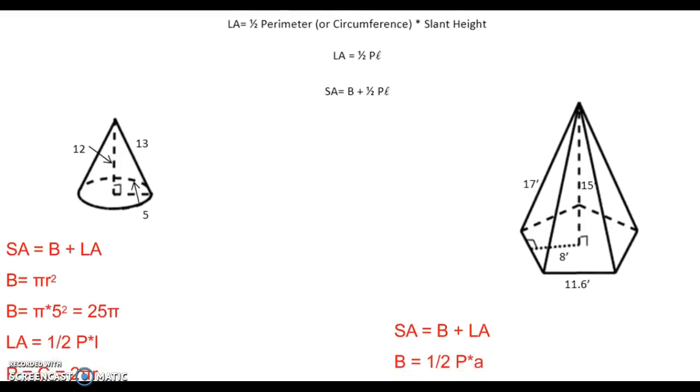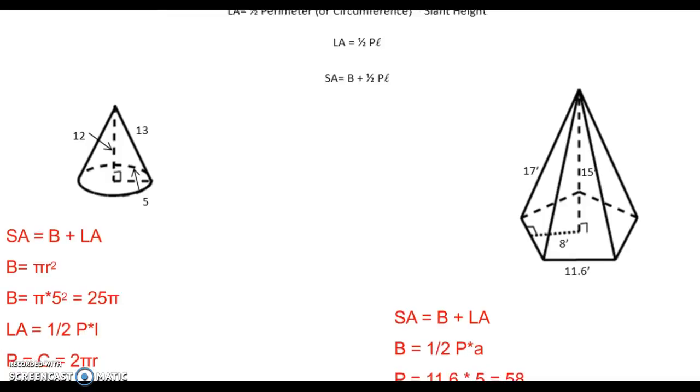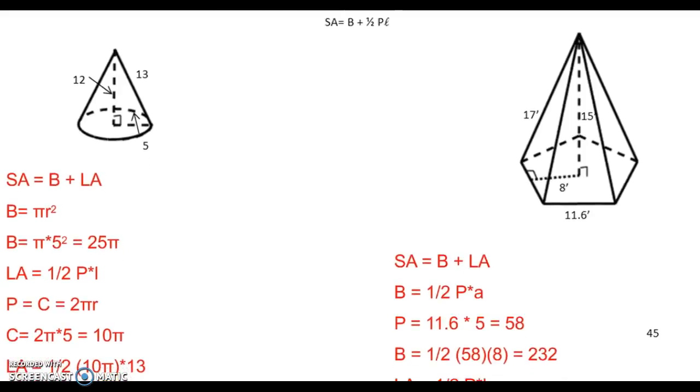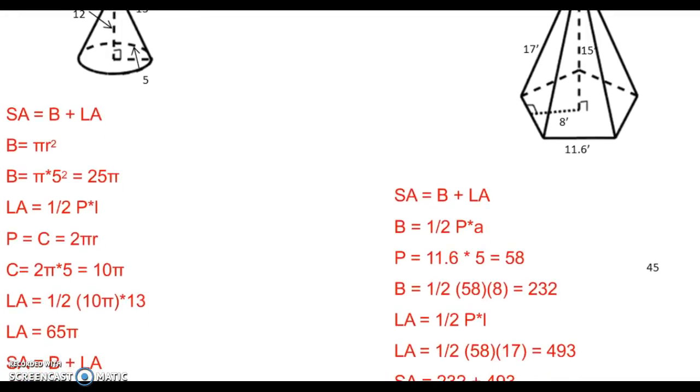Well, perimeter this time is actually the circumference of the base, which is 2 pi r. Plug in 5 for radius, and I get that my circumference is 10 pi. So going back into my lateral area formula, I have 1/2 times the perimeter of the base, which is 10 pi, times the slant height, which in this case is 13. So I end up getting 65 pi for the lateral area.